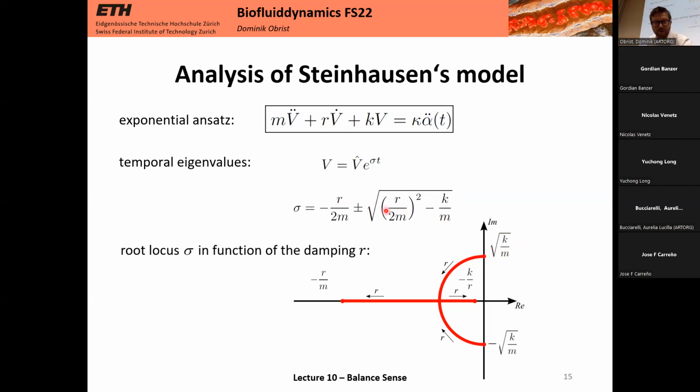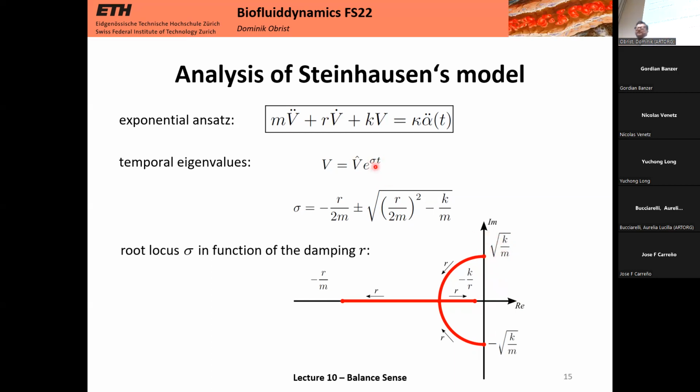So for the case where R happens to be 0 and a system without any damping, we would get an eigenvalue here. This is the complex plane for sigma, one here and the other one here at the bottom. A pair of complex conjugate eigenvalues. What does that mean if we stick in an imaginary value here in our ansatz?